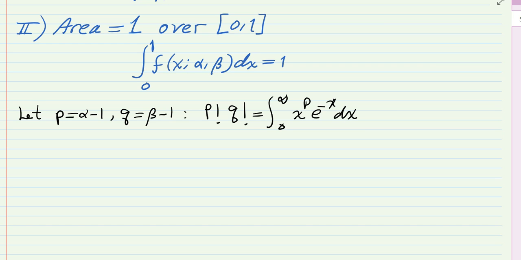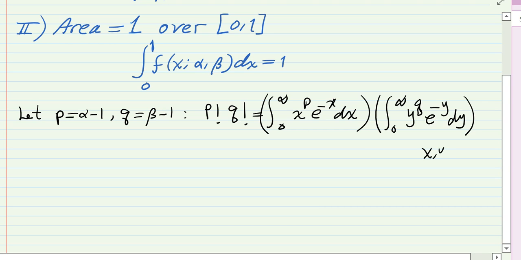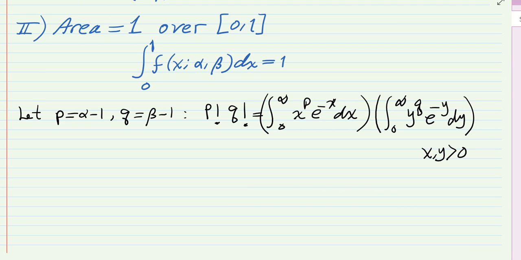Now again, these are the gamma functions, they're not the integral we started with. And the integral from 0 to infinity of y to the q e to the negative y dy. And in here, both x and y, of course, are positive. So I have written the gamma function for p factorial and q factorial.